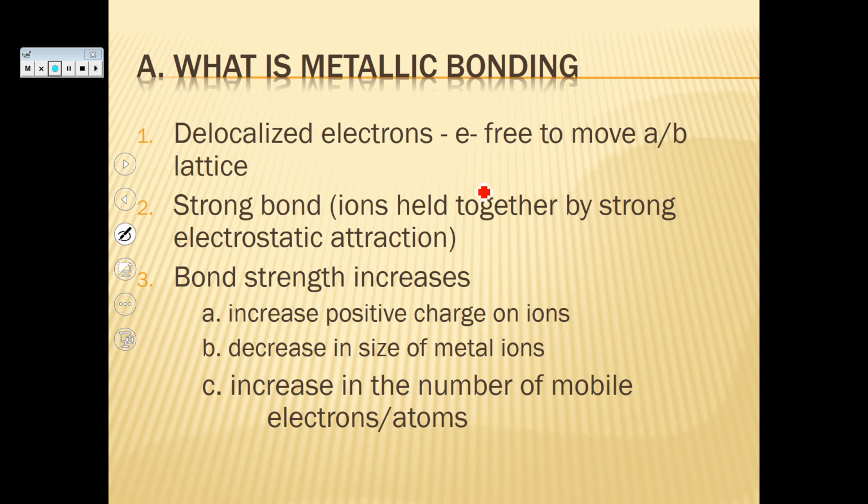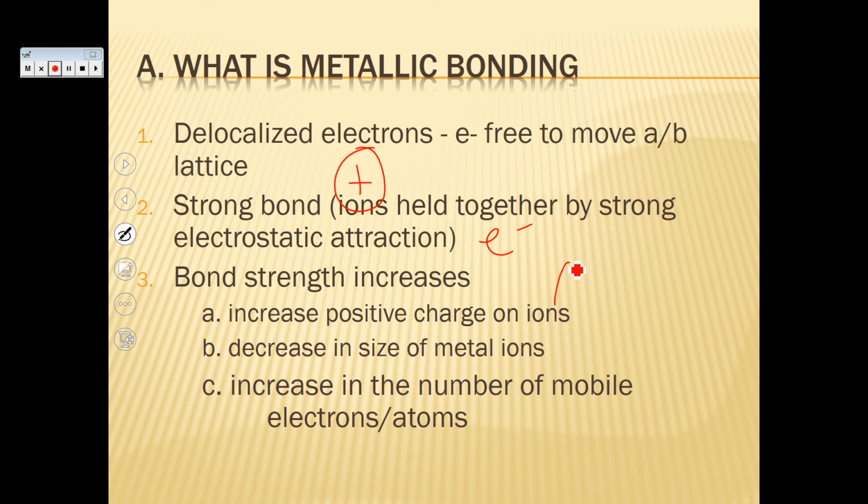So metallic bonding, the structure is made up of delocalized electrons, where those electrons are free to move about the lattice. It is a strong bond. The ions, positive metal centers or nuclei, are held together by the strong electrostatic attraction of the negative electrons. Bond strength increases as the positive charge on the ions increases.